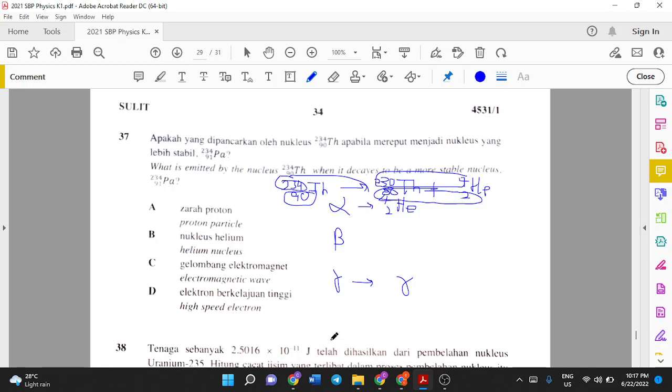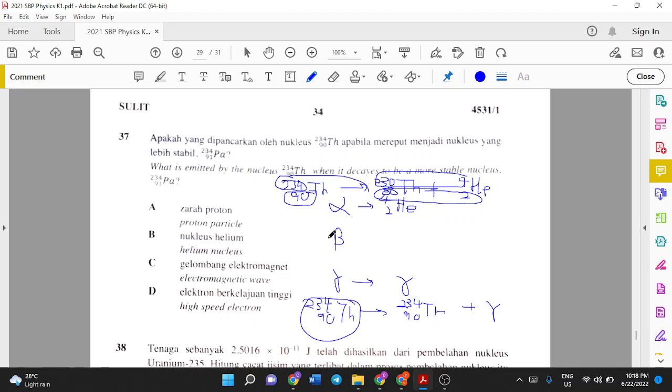For gamma, nothing is released. If this thorium is undergoing gamma decay, it will be something like this. There will be no change in the proton and neutron number, but it will release the gamma ray. So this nucleus is more stable than the nucleus before releasing the gamma ray. And beta decay releases an electron.